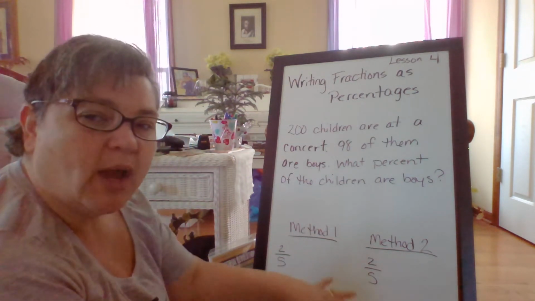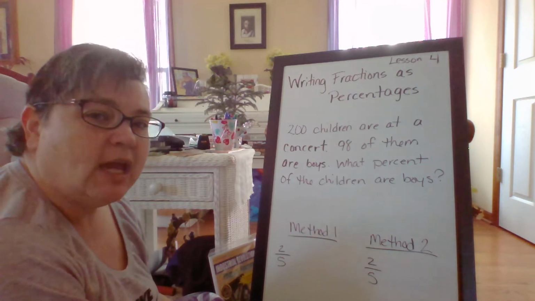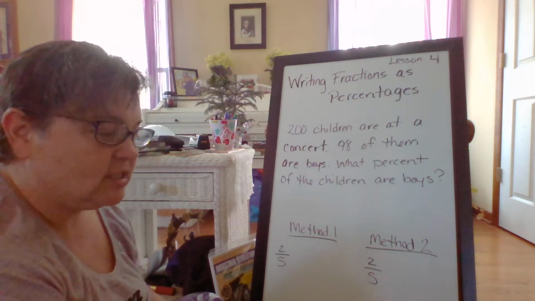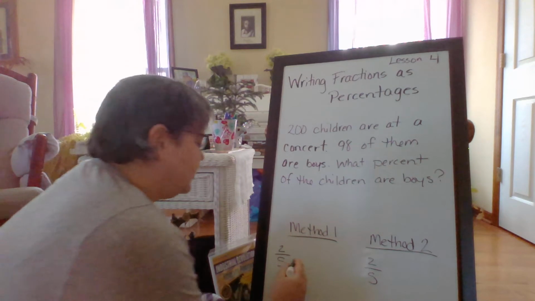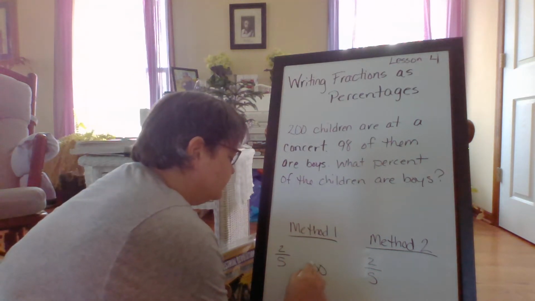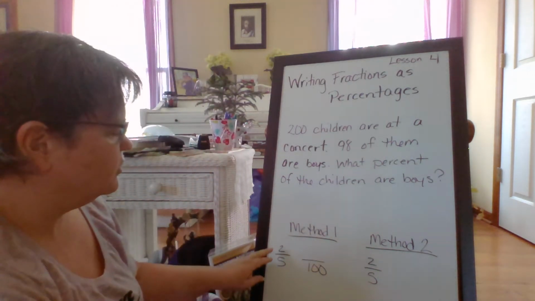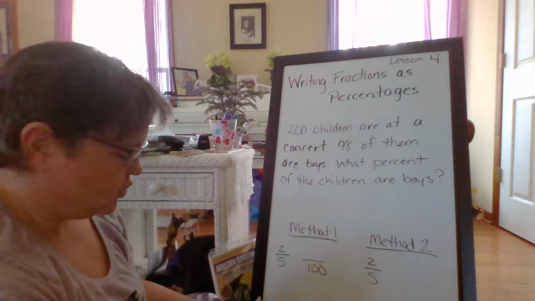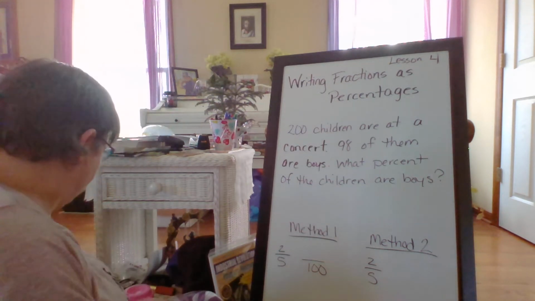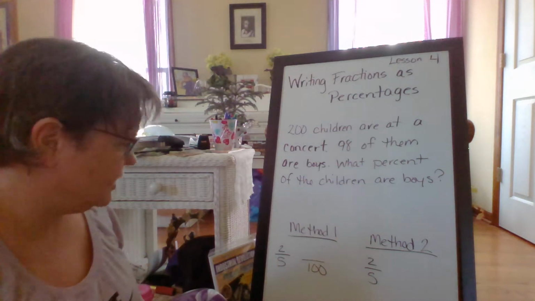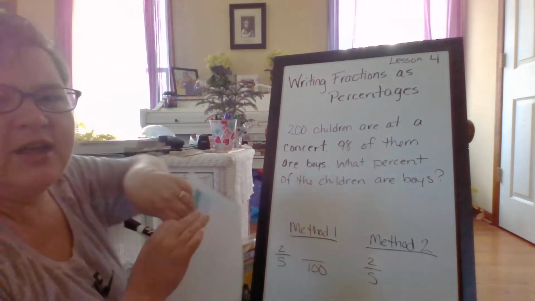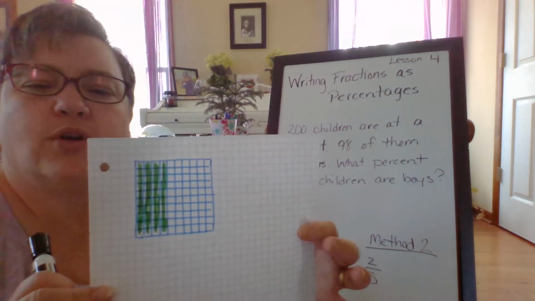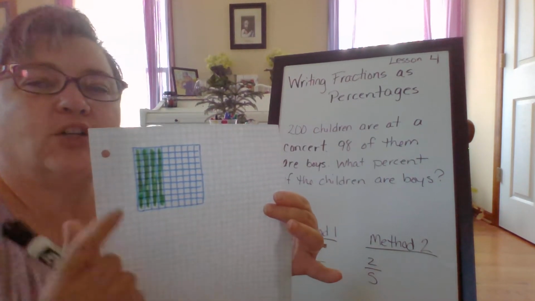We said there were 2 ways to change fractions into percentages. One of those would be to know that we want to make 2/5 100 parts, and I used something like this to show you that you can divide your paper.